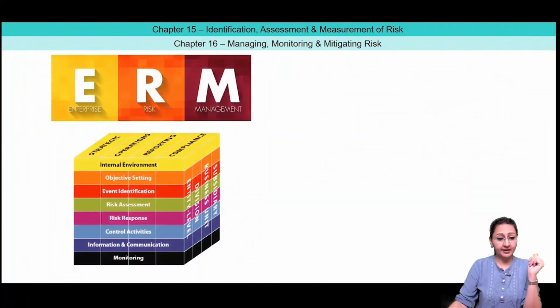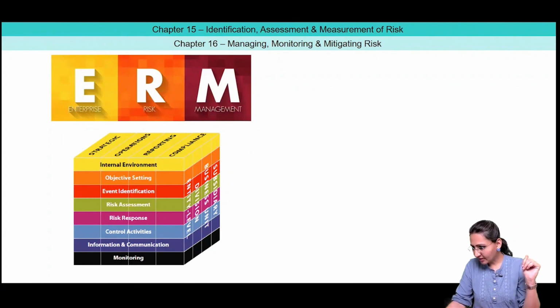Now, ERM, and this is the COSO cube. Somewhere this cube creates a lot of confusion for many students, how they have to take care of this cube and ERM to manage risk. So this cube has got 3 parts.